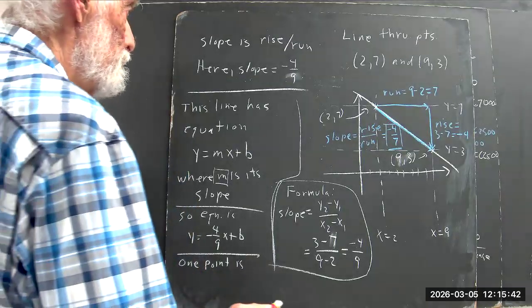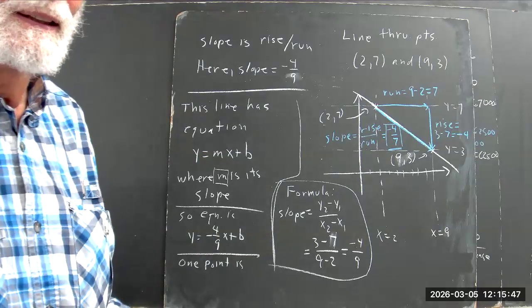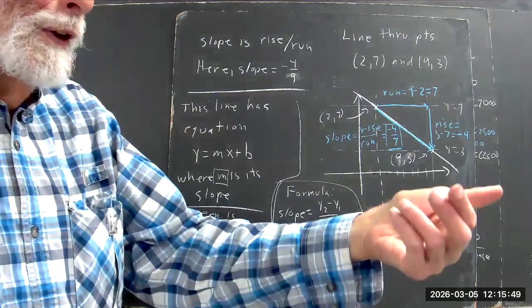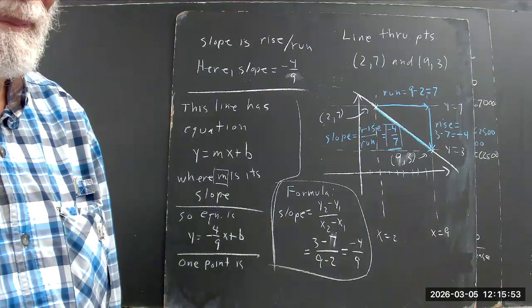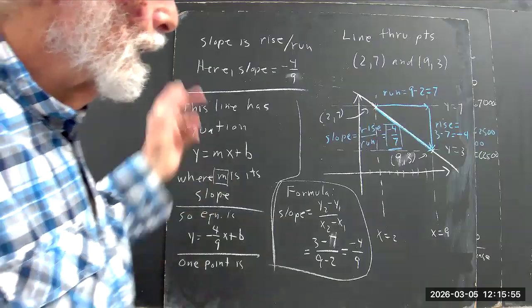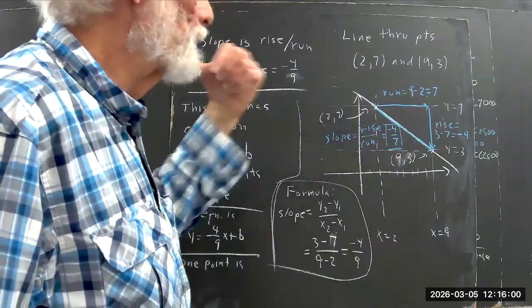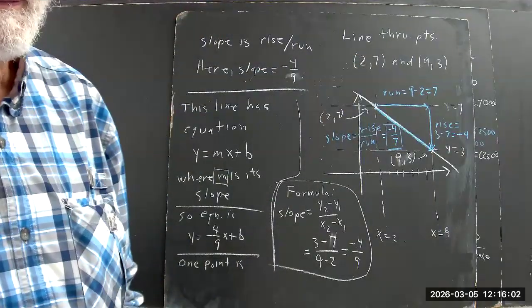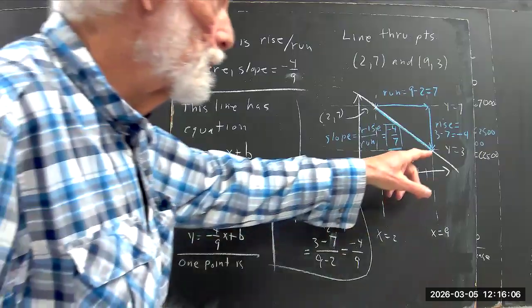One point is, now I'm going to let you choose. Thumb in this direction or thumb in this direction, okay? If your thumb's in this direction, I'm going to use this point. If your thumb's in this direction, I'm going to use this point. Which direction? Okay, we're going to use this point.